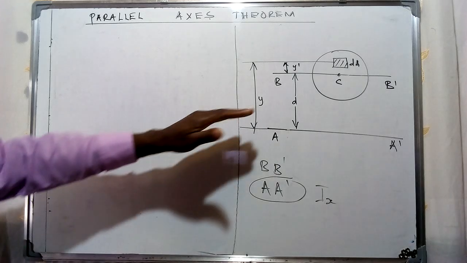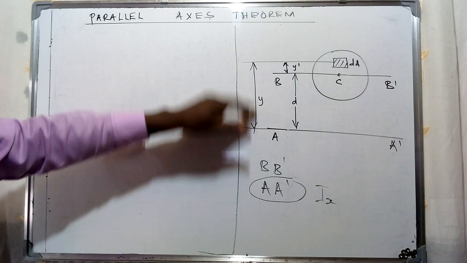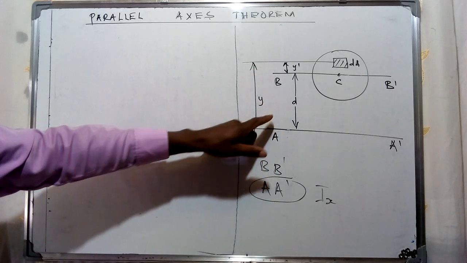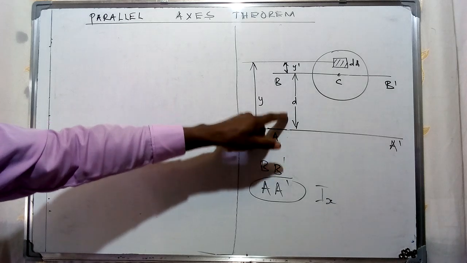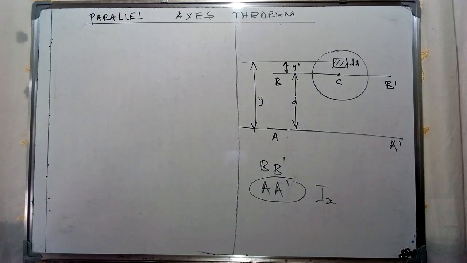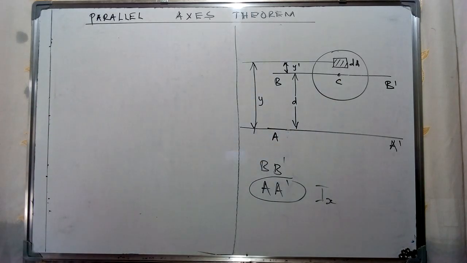Now, in this case, I've given this specific distance between these two axes as y. And of course, we can see that basically y is the summation of this specific distance d and y prime given as such. And we're going to consider this point C as our center for this specific area.